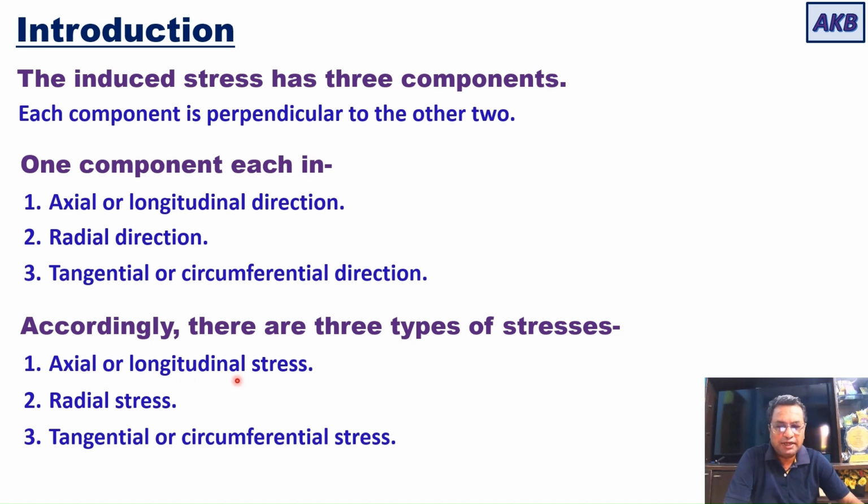Axial or longitudinal stress, let us denote it as sigma A. Radial stress, let us denote it as sigma R. And tangential or circumferential stress, let us denote it as sigma C.